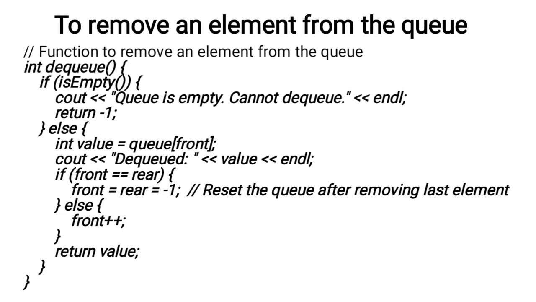We increment the value of front because when we remove an element from a queue, we remove the element that is at the front. Remember, it is first in, first out. The first element that has been added into the queue will be the first element to be removed. That is the FIFO principle.